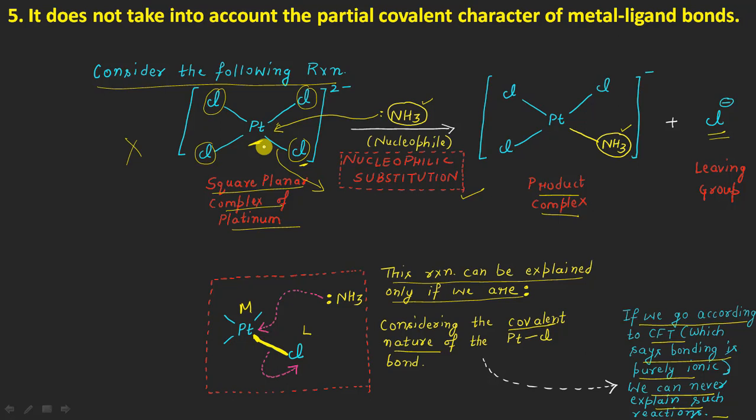Because the crystal field theory assumes the bonding to be purely ionic or electrostatic, and it does not account for the partial covalent character in metal-ligand bonds, using the crystal field theory we will never be able to explain such mechanisms. So this is all about the limitations of the crystal field theory. Thank you so much.